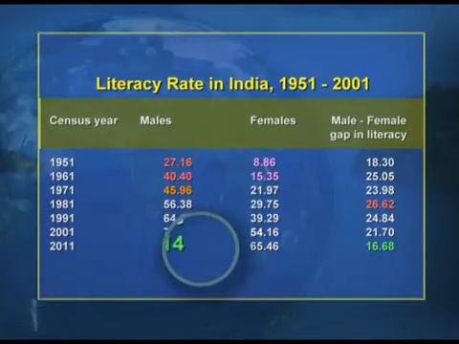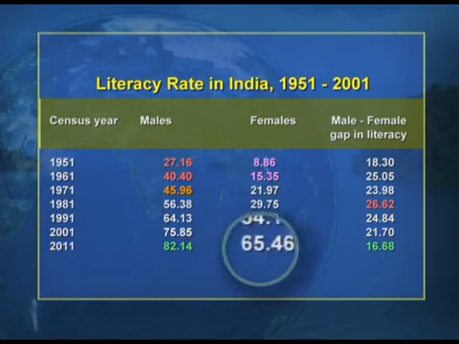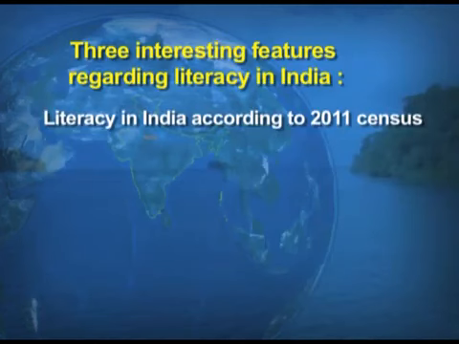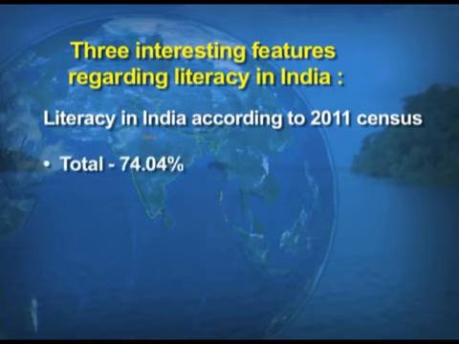And in the last census, that is 2011, it has further gone up. For the males this is 82.14, and for the females this has gone up to 65.46. So, there are three interesting features regarding literacy in India according to the 2011 census. The total literacy rate is 74.04.